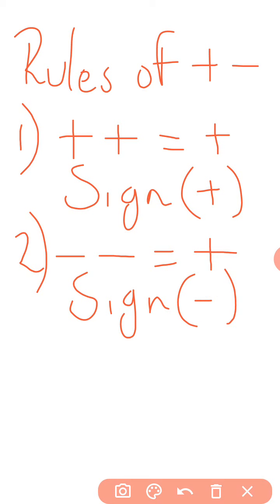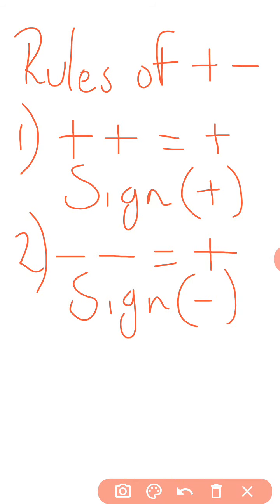In the second case minus minus, again we add both those numbers with each other, but the sign will always be negative along with the answer, or you can say the result whatever you get in your calculation. Okay, now the two rules have been explained to you.